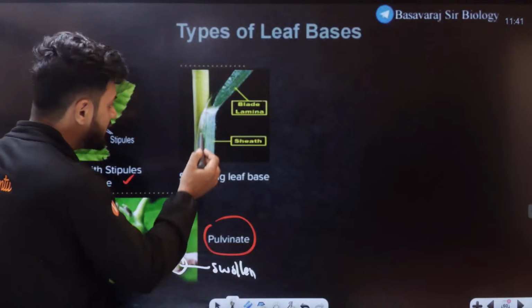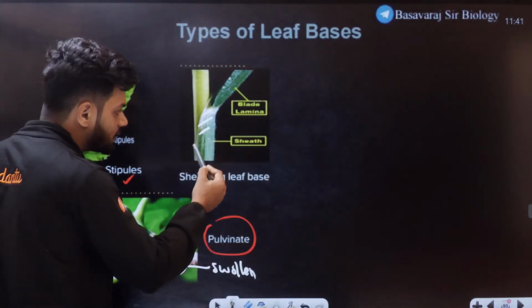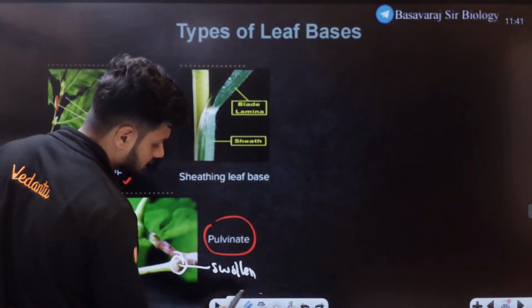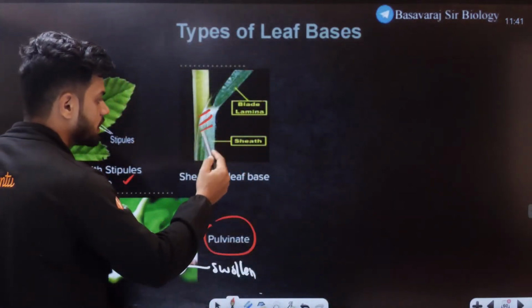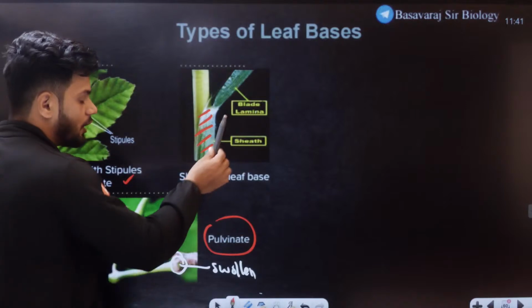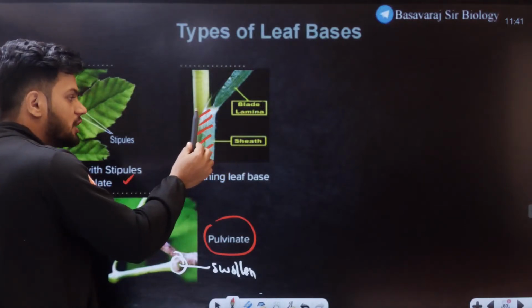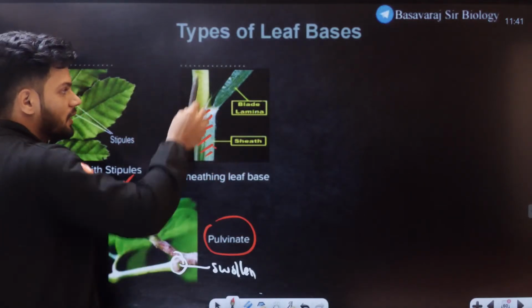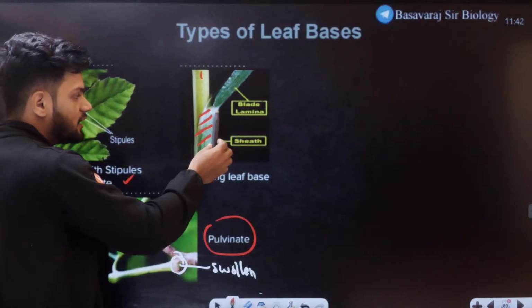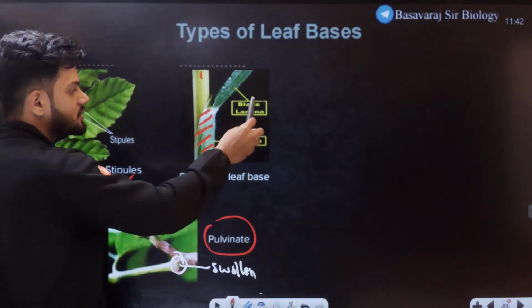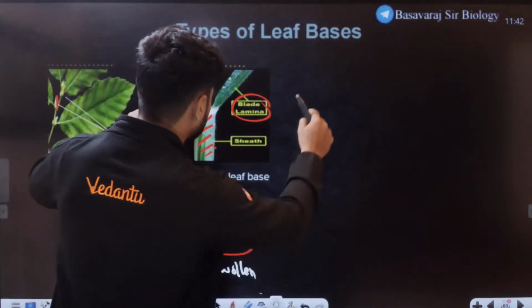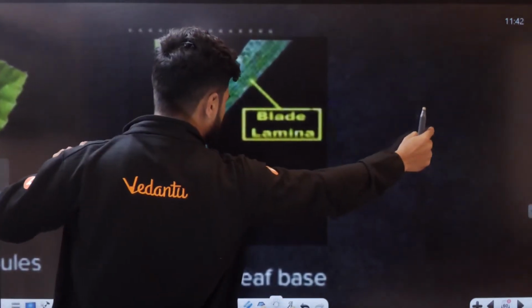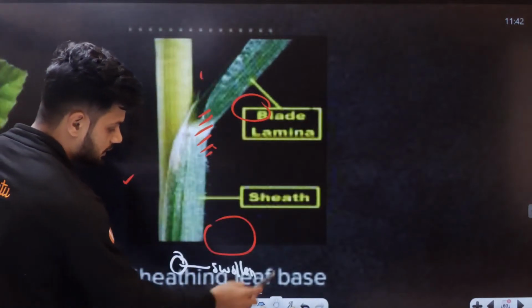Leaf base is like a cover here. Can you see this part? The leaf base is like a cover or a sheath and it is partially covering the stem. This is the main stem, this is the leaf blade, this is the entire leaf. Now see this very carefully.